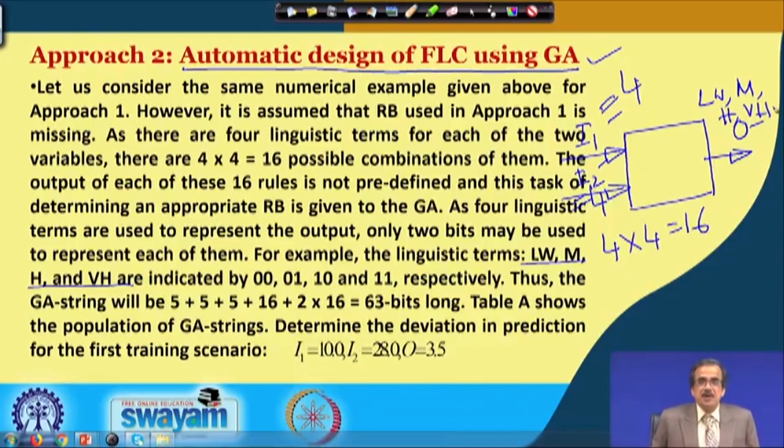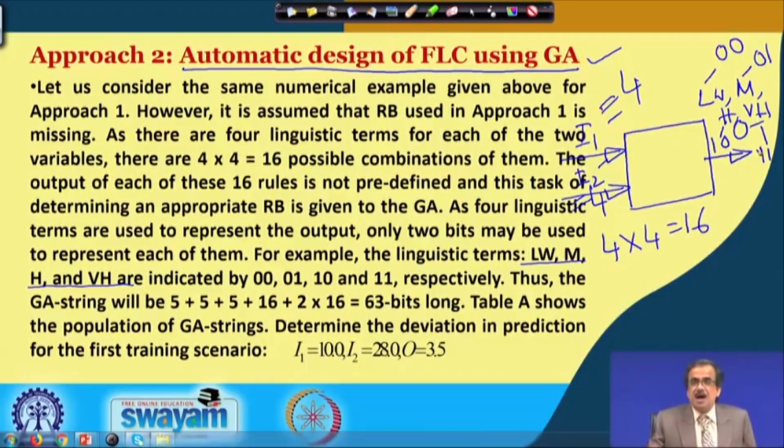Now, let us see how you can implement this particular approach, that is automatic design of FLC using a genetic algorithm. There are 4 linguistic terms for the output. So, we represent the output low by 0 0, then medium can be represented by 0 1, high can be represented by 1 0 and very high can be represented by 1 1.